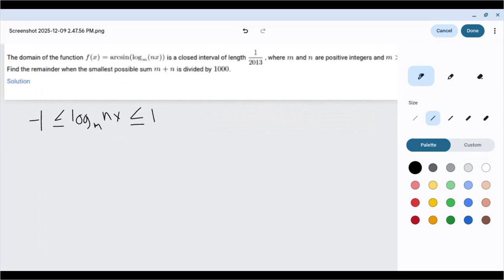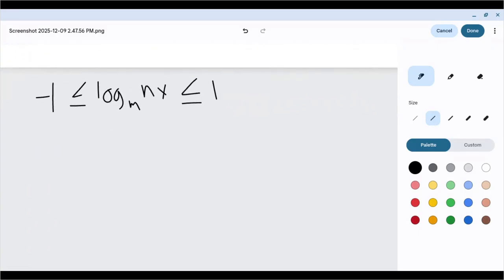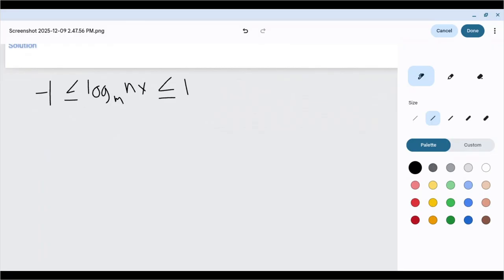And because log is a strictly increasing function, these are just the minimum and maximum. This will give us the minimum and maximum of x. So taking both of them, we can solve for x.